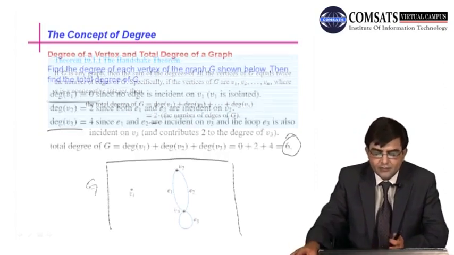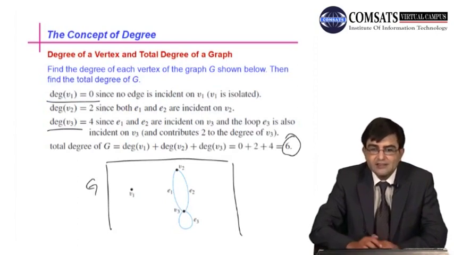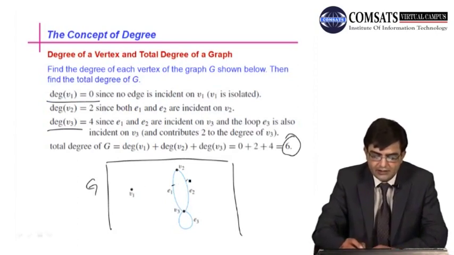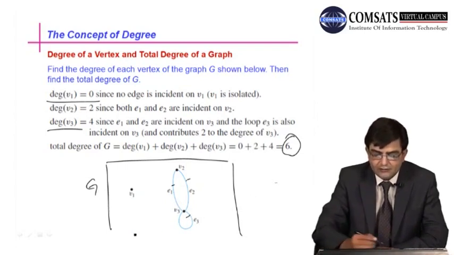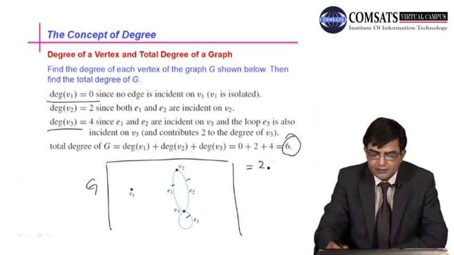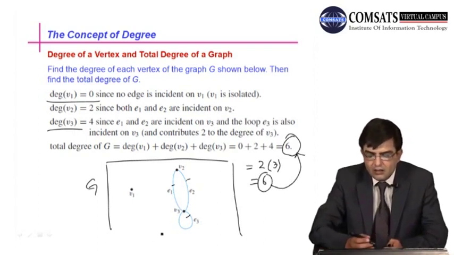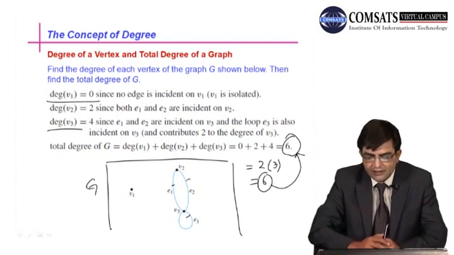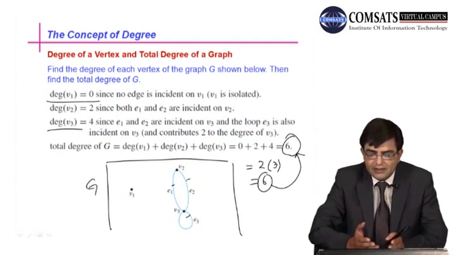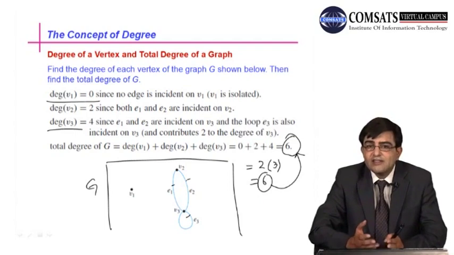For example, in the previous example, how many edges do we have in this graph? E1, E2 and E3. We have 3 edges, so the total degree of this graph will be 2 times 3, which is 6. So 6 is equal to 6. Why is this so? Because every edge is incident on 2 vertices. If E1 is an edge, then it will be incident on 2 vertices.